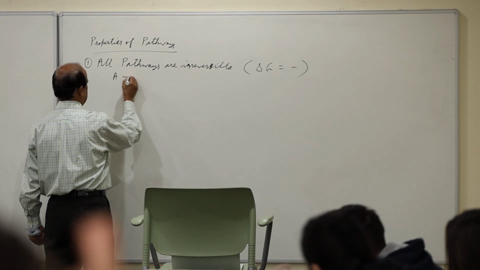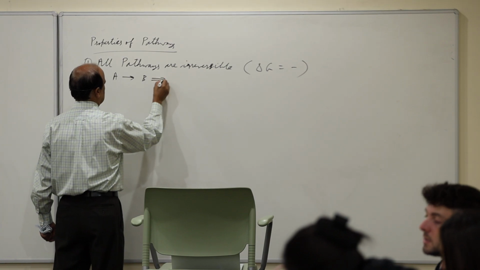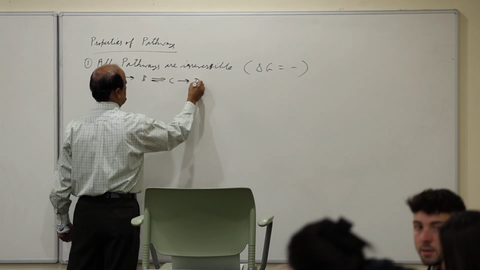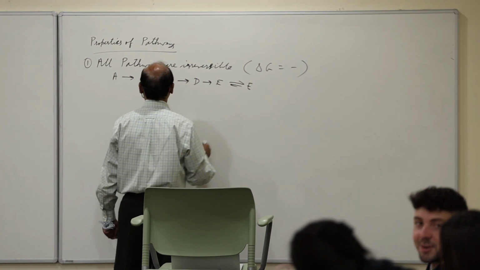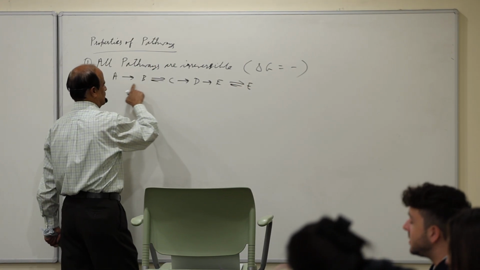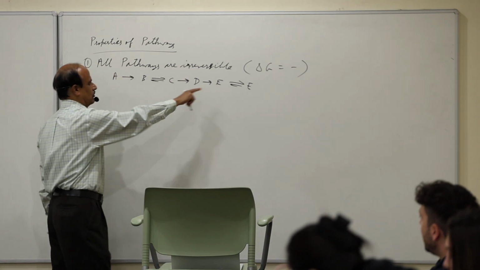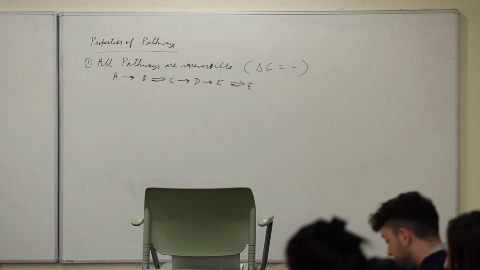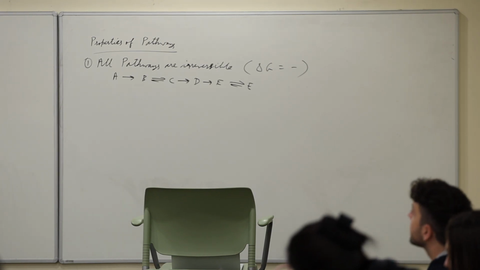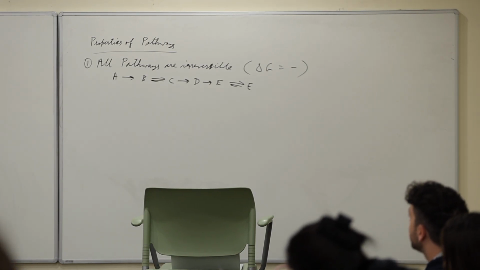So if you have A, and the pathway is on, then this whole process will continue to happen. If it is not moving forward, then it is not a pathway, or the pathway has been turned off.